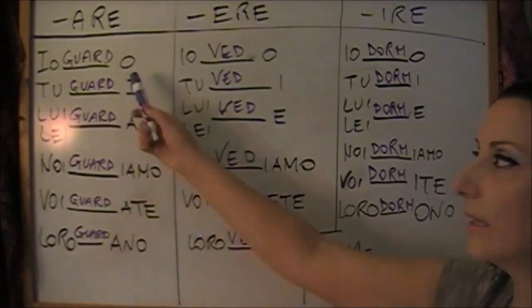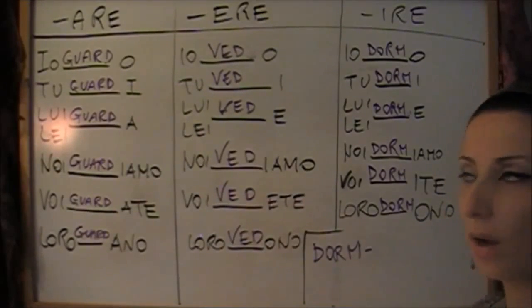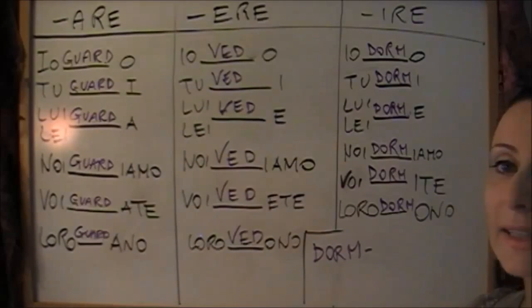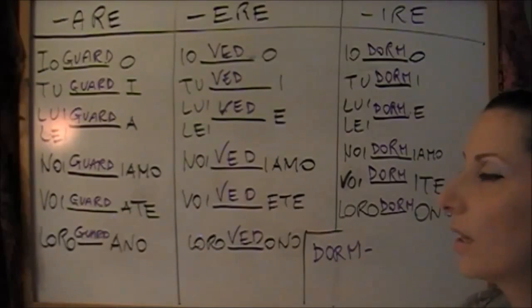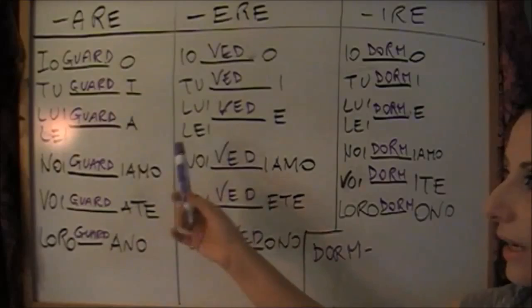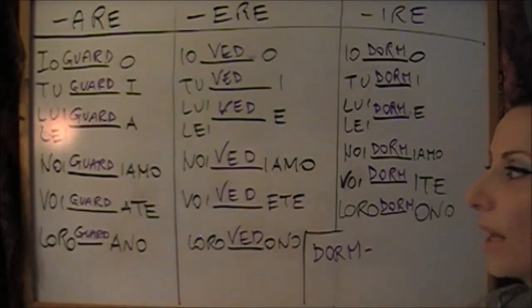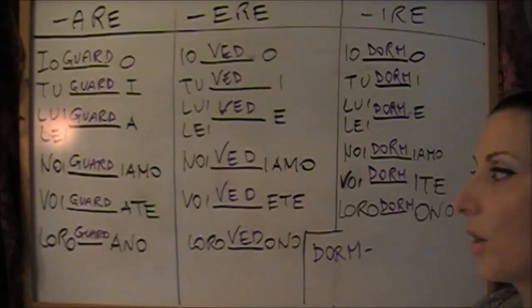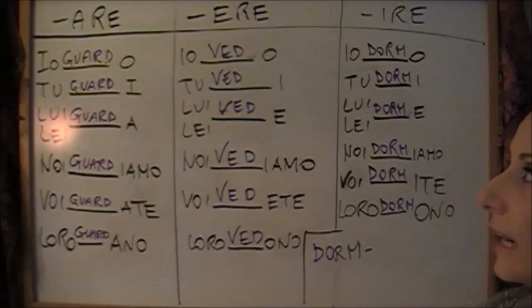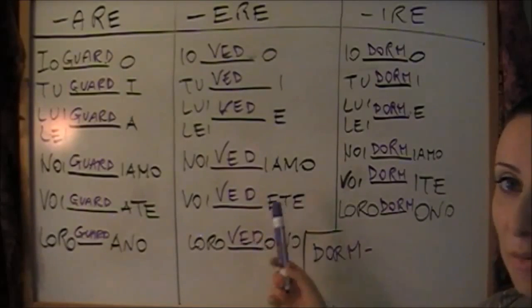So, let's read it all. After me. Io guardo, I watch. Tu guardi. Lui guarda. Lei guarda. Noi guardiamo. Voi guardate. Loro guardano. Vedere. Io vedo. Tu vedi. Lui, lei vede. Noi vediamo.